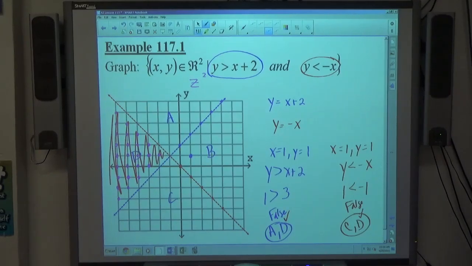So if it had said Z squared, it would be the purple instead of the red. You wouldn't shade everything, you just shade the integer values.